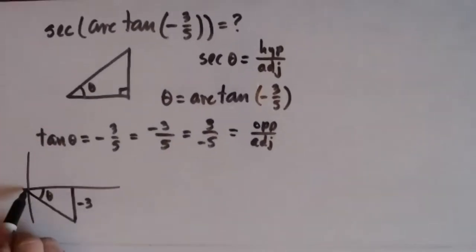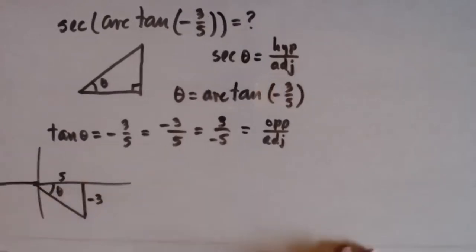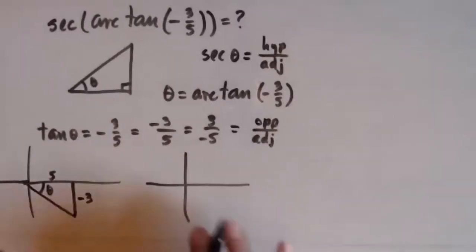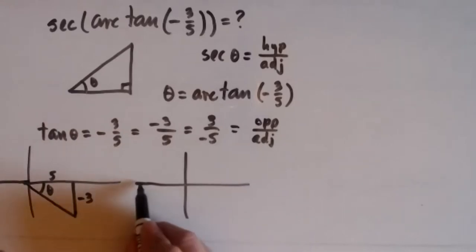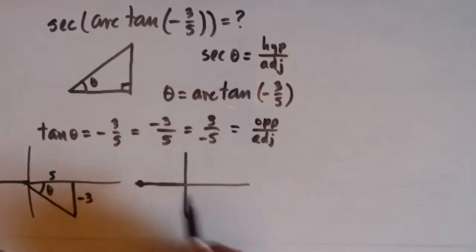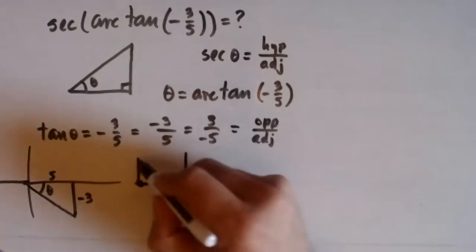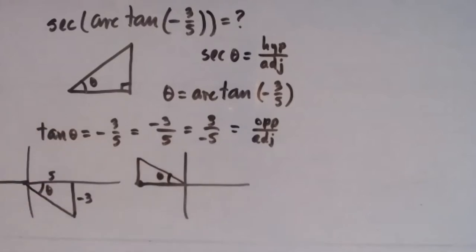Well, what is the other one? Let me just put the same axis here. The other one is -5 as the adjacent, and the opposite is 3. So it's going to be something like this. I'm going to have this angle, correct?